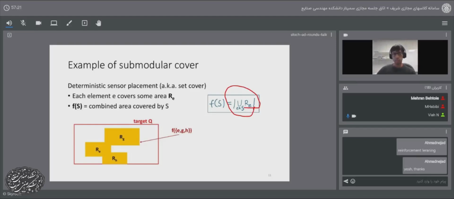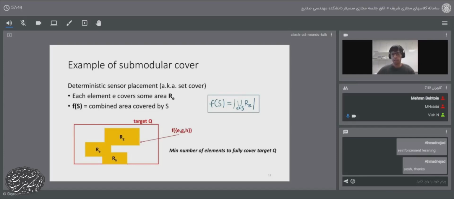and take the area of that union. So in this picture, if you take the three elements E, G, and H, then the union of these three yellow rectangles will give you the function value of those three elements. And one can show that this is a monotone and submodular function, so it does fit in the framework that I just talked about.